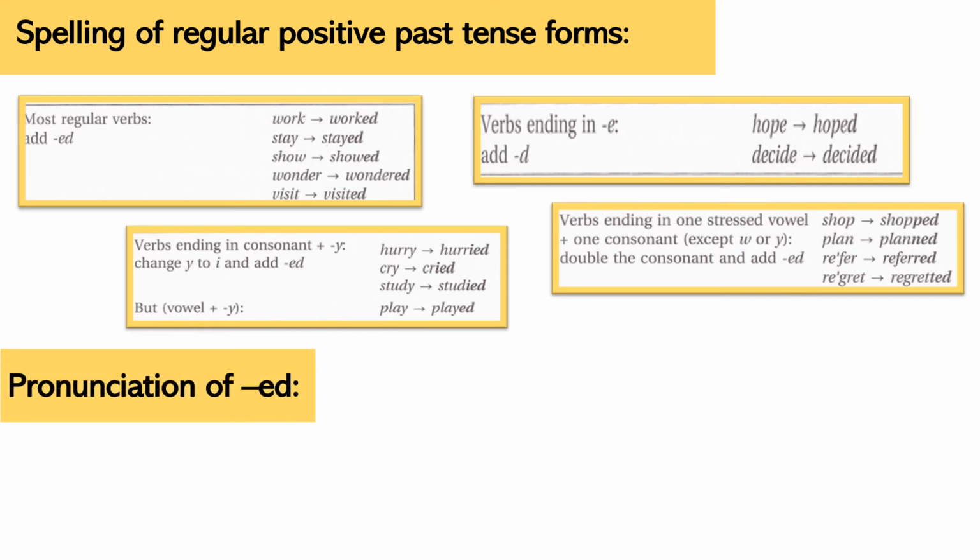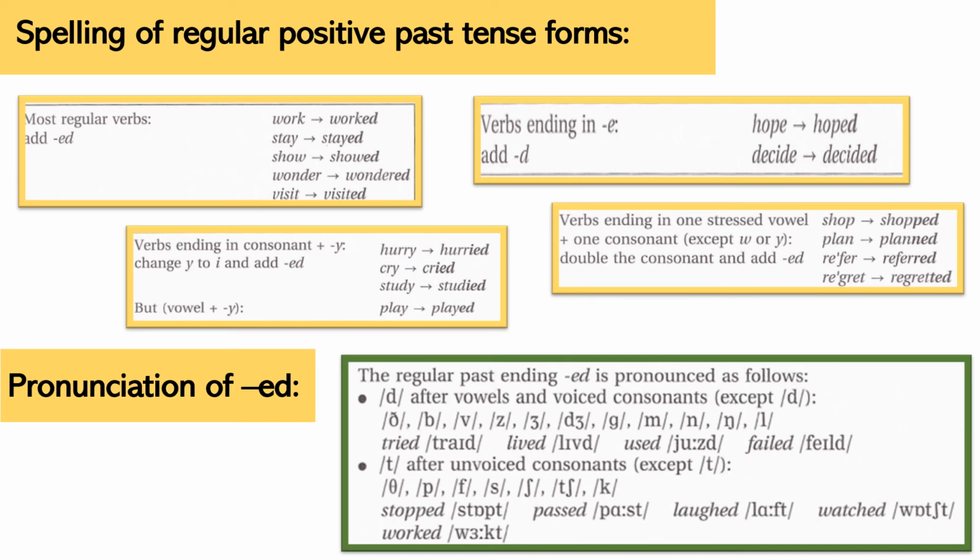What about the pronunciation of the infinitive ed? There are three ways of how we pronounce the final ending ed. Do you know when? Pause the video now and have a think.